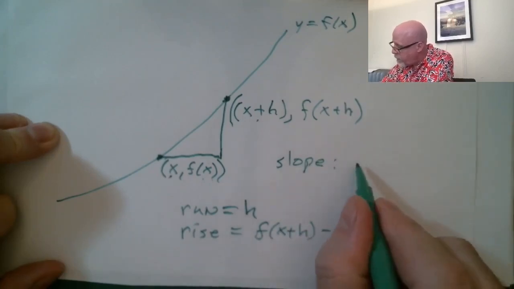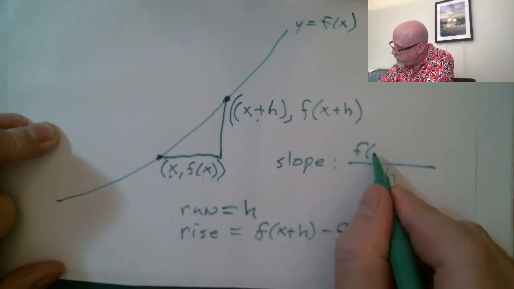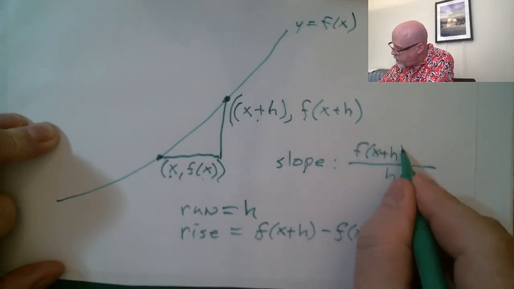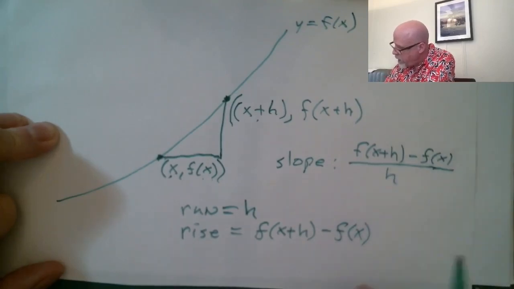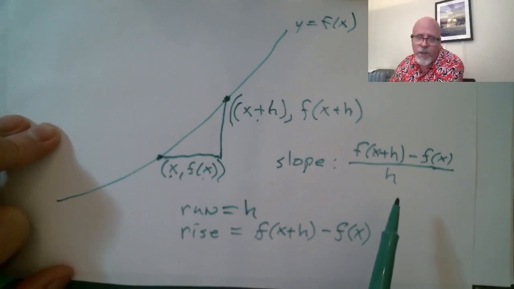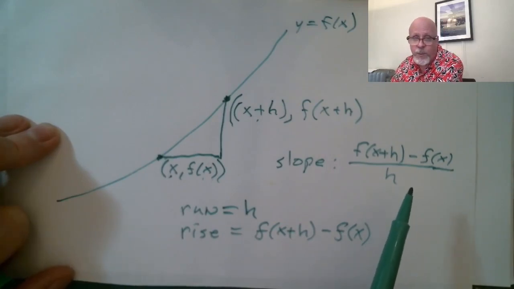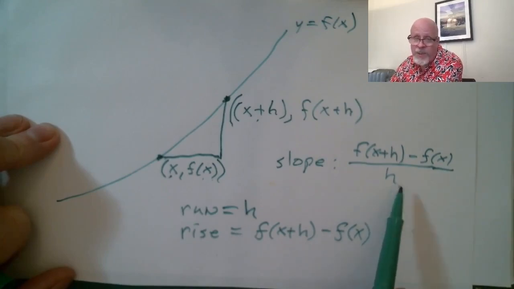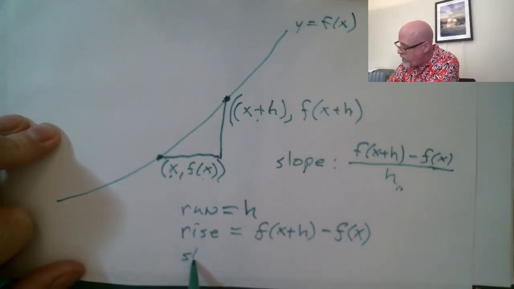It's got h in the bottom, and it's got this thing, f of x plus h minus f of x, in the top. Now we're going to see that a bunch, but right now all I need you to do is look at it and go, yeah, I see why when h is 0 we're in trouble. You've got division by 0 when h is 0. So this thing explodes, or it's undefined. The slope is undefined at 0.